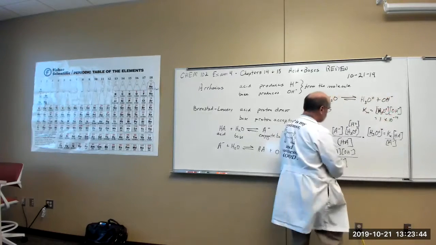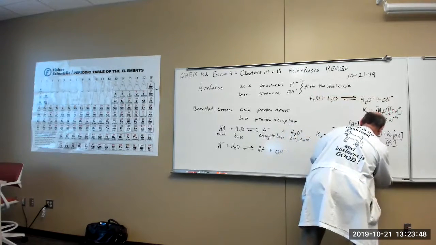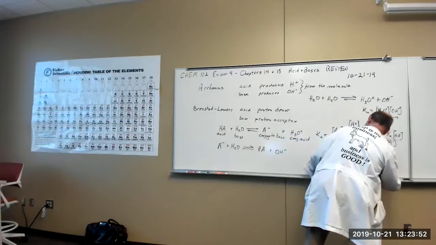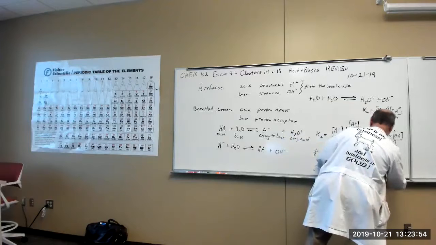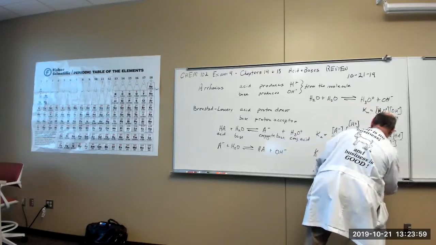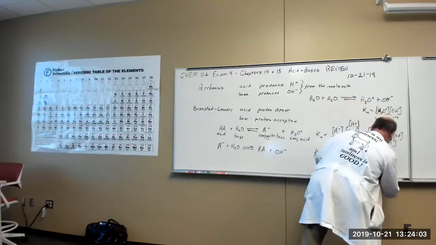Okay. And this one, we have the OH equals Kb times A minus divided by HA.